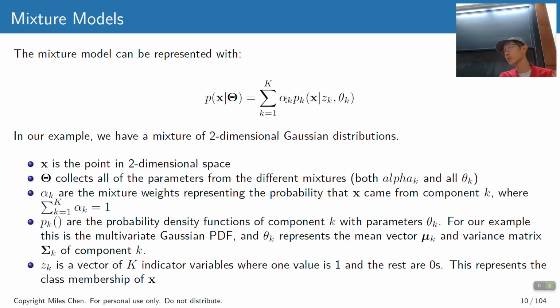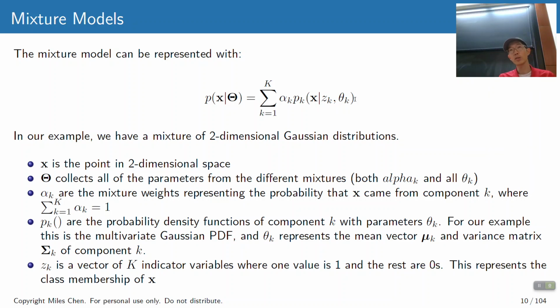So 50% comes from component 1, 30% from component 2, 20% from component 3, multiplied by the PDF, which is your multivariate distribution. And here the given components are z sub k. Z sub k is the indicator variable on whether the point belongs to cluster k, or component k, or not, okay?